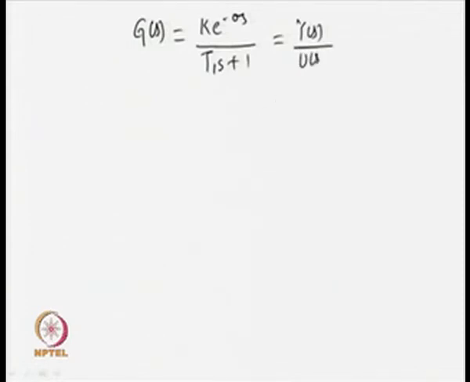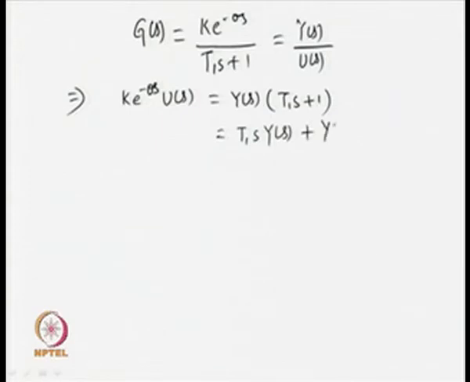Now, when the system model is expressed in the form of k e to the power minus theta s upon T1 s plus 1, which is nothing but the ratio between the Laplace transform of output to the Laplace transform of input, then cross multiplication gives us k e to the power minus theta s U(s) is equal to Y(s) times (T1 s plus 1), which can further be expanded and written in the form of T1 s Y(s) plus Y(s).